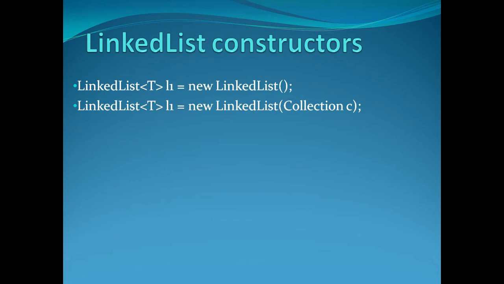I will show this by example, and I will also explain how the internal working happens for the linked list in the next video. For now, just remember there are two constructors in the linked list: one without a parameter and another with a collection object. So that is the linked list constructor.